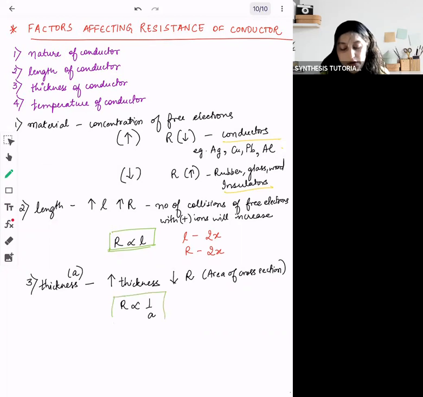Now, however, the relation is such that if the radius of the wire of the same length is doubled, right?